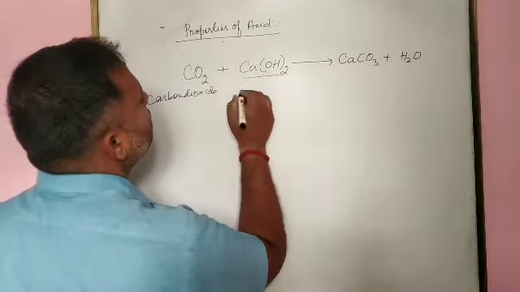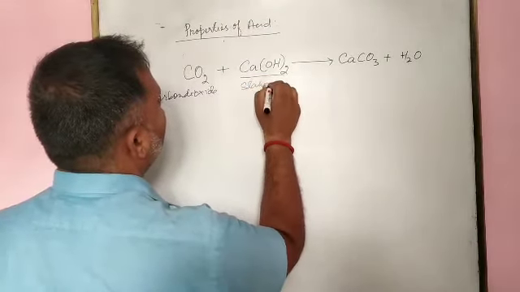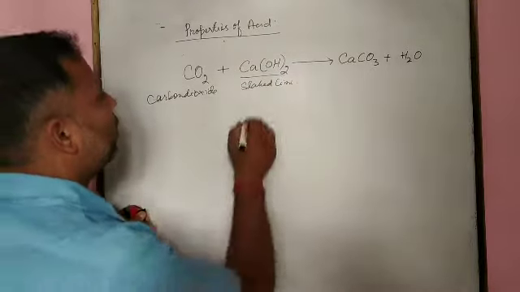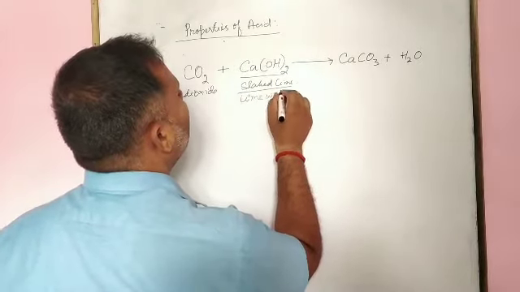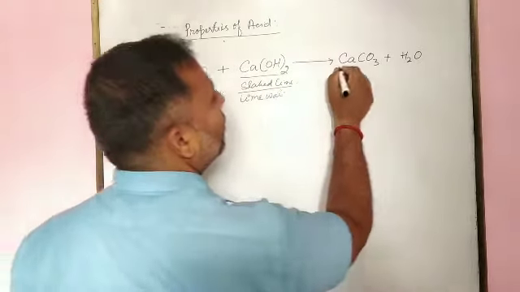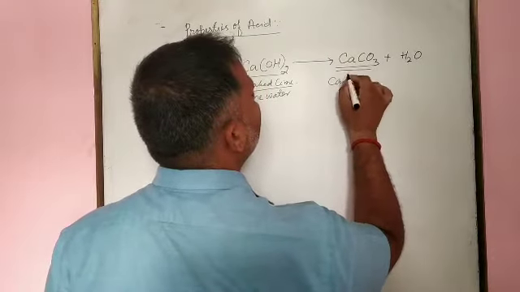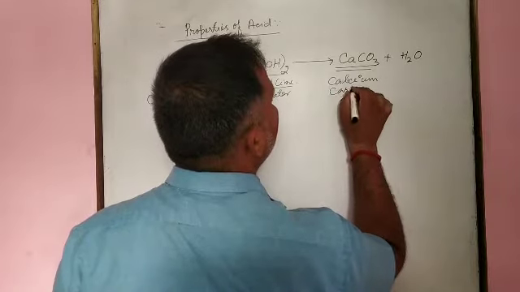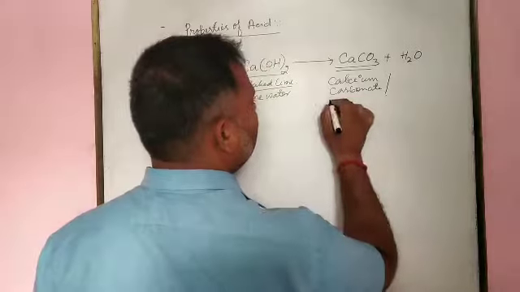This is slaked lime, or we can call this lime water. Then due to formation of calcium carbonate, the lime water turns milky.